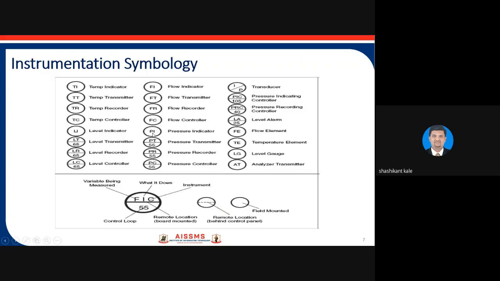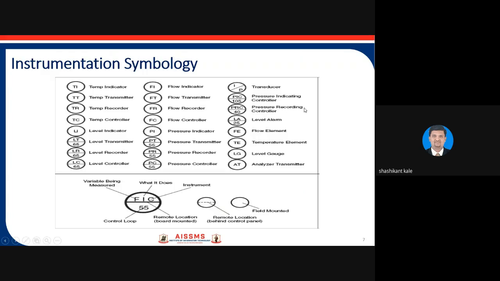P stands for pressure, F stands for flow, T stands for temperature, L stands for level, and the next alphabet: R stands for recorder, C stands for controller, I stands for indicator. Like this, we are giving the symbology.